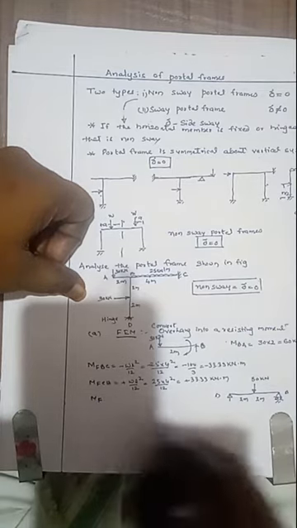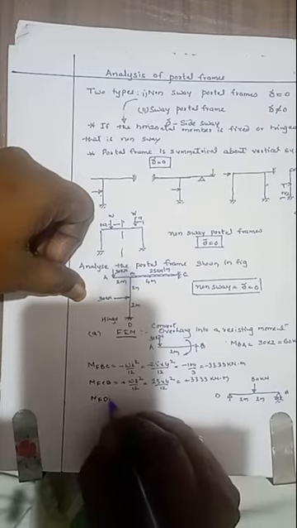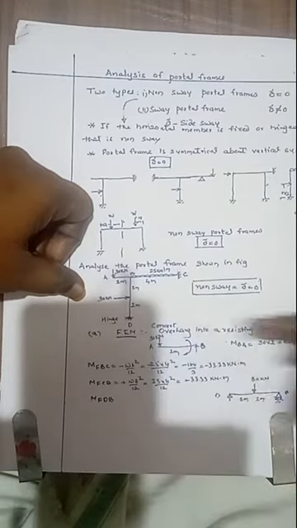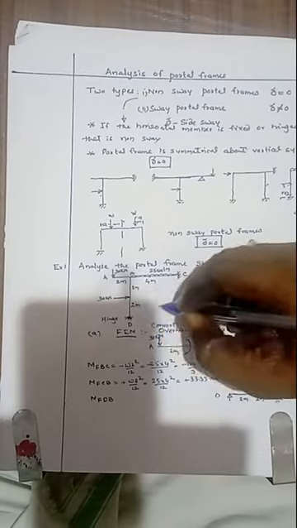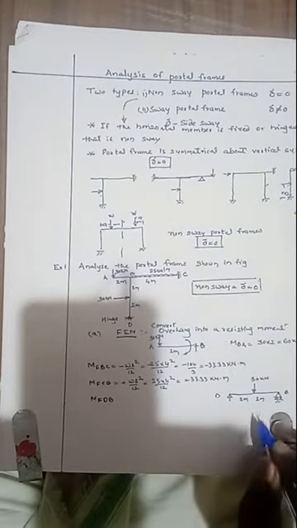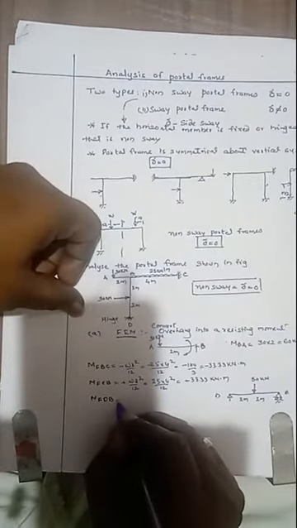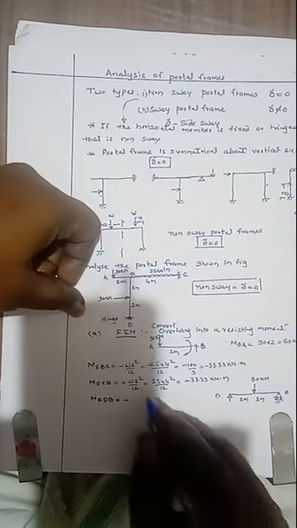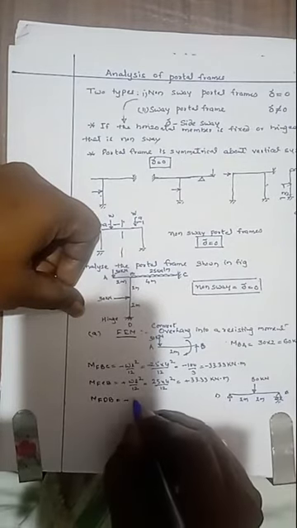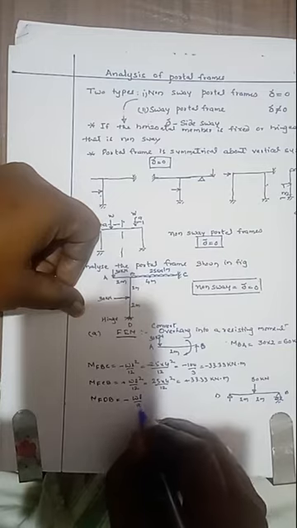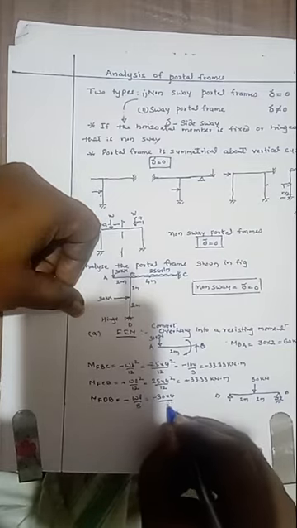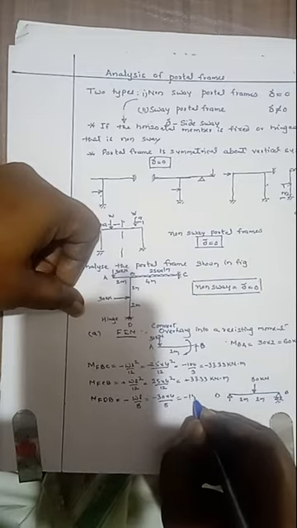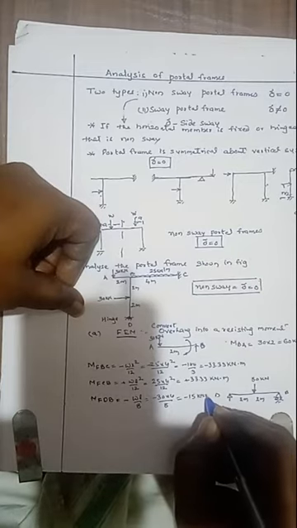Then MF DB: if you observe from this side, this one becomes B, then MF DB equals minus, that is anti-clockwise, WL by 8, that is minus 30 into 4 by 8, that is minus 15 kilonewton meter.